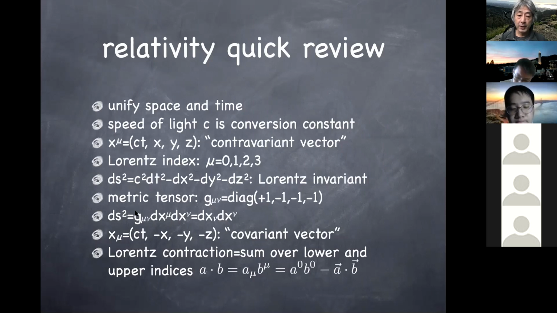What you have to do is multiply by the eigenvalues of this metric tensor, namely invert the signs of the spatial components. And then this kind of vector is called a covariant 4 vector. But you have to be careful because the vector with the upper index and the vector with the lower index now have opposite signs for the spatial components of the 4 vector.